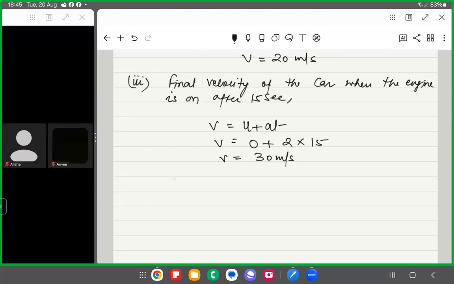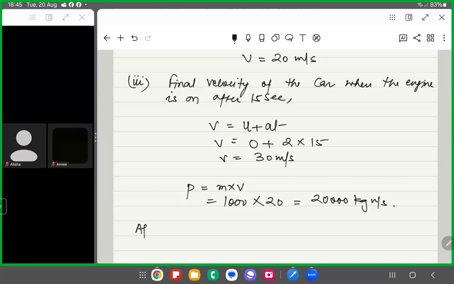Now, what is the momentum? p is equal to m into v, right? Okay. Mass is 1000 kg. Momentum we can find by multiplying 1000 by 30, right? Is it clear? Okay. Earlier it was 20,000 kg meter per second, right?